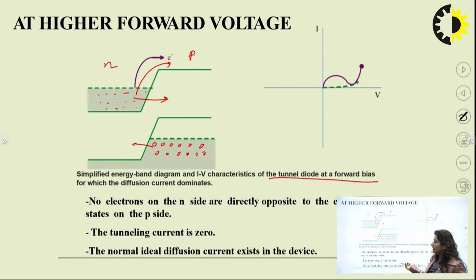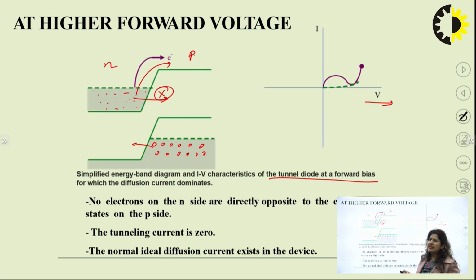So the tunneling current here is 0 and the normal ideal diffusion current exists in the device. So we don't have this type of transition from N side to P side. In fact, we have a jump of electrons from this side to P side. So we have an increase in the current as we increase the voltage past a particular level.